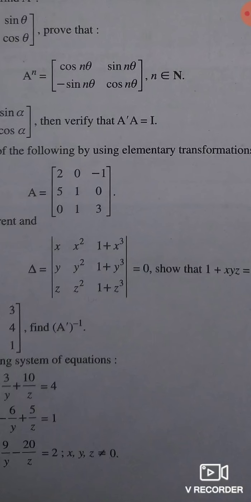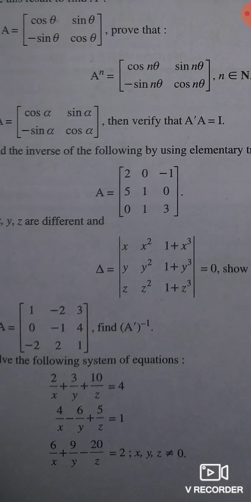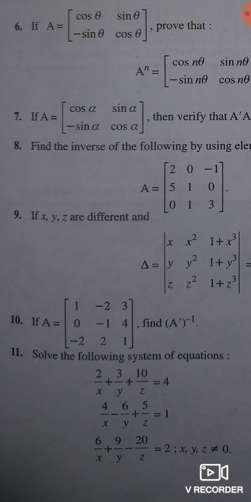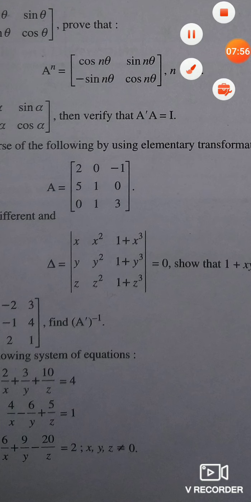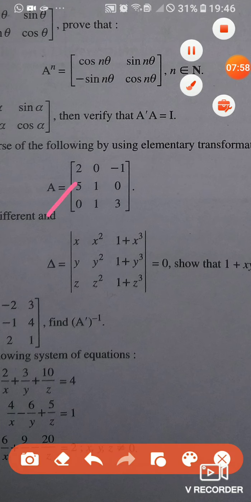So dear student, you will apply the properties of determinants in this question. The property is: if any row or column of a determinant consists of sums of two elements, the whole determinant can be written as the sum of two determinants.